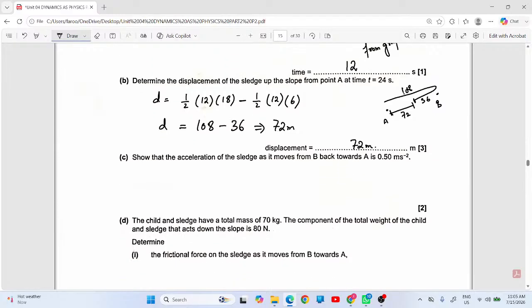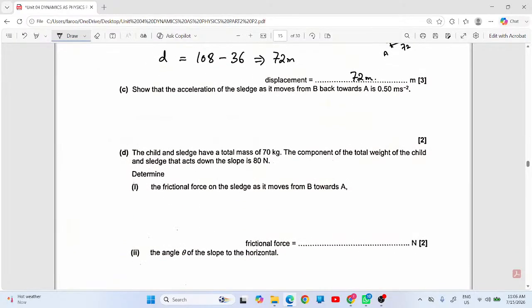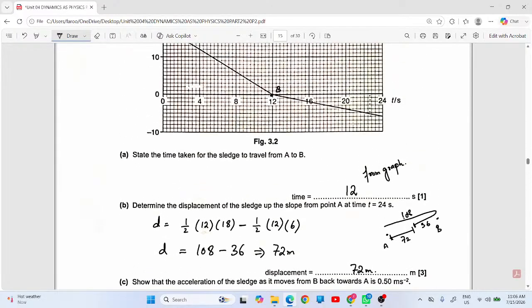Show that the acceleration of the sledge as it moves from B back towards A is... acceleration. हम वो 12 to 24 seconds वाला point लेंगे ना, deceleration वाला, नीचे वाला.